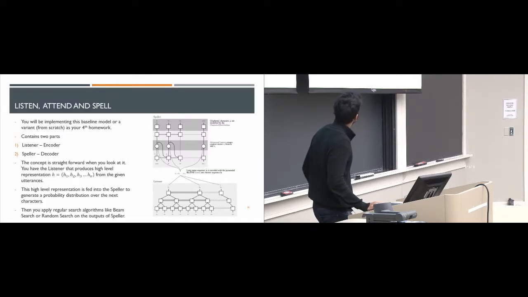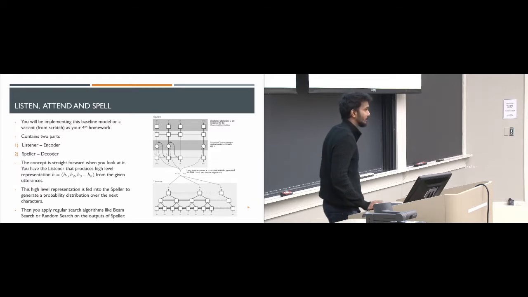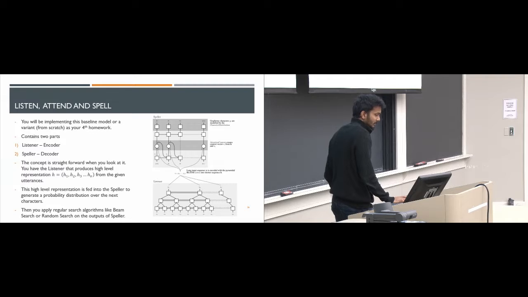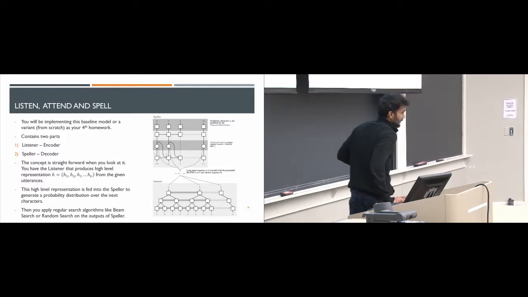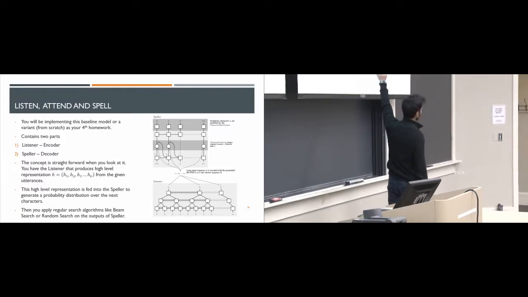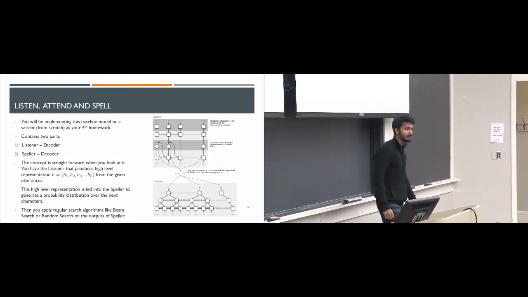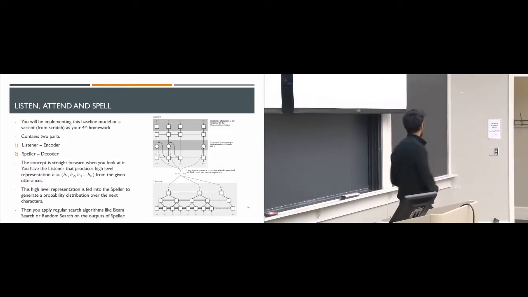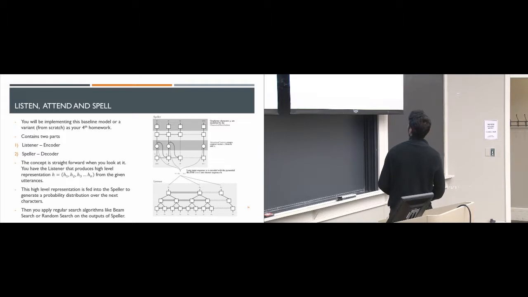Let's get to the main part of the recitation for today. We'll be discussing the Listen, Attend and Spell paper that you will be implementing from scratch. This network, as a typical attention network, has two parts, the encoder and the decoder. The encoder is named the listener, and the decoder is called the speller in this paper.